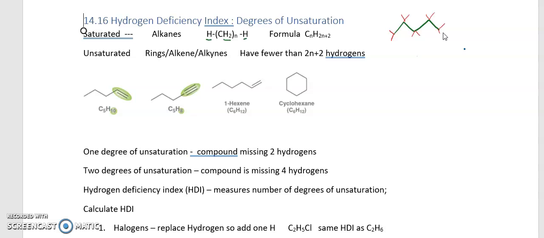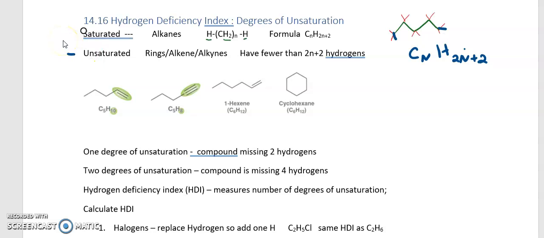There we go. Our bonus hydrogens are thicker. So we get this formula here: CnH2n+2, whatever n is. The number of carbons times 2 plus 2 will be the number of hydrogens you need to have a saturated compound.